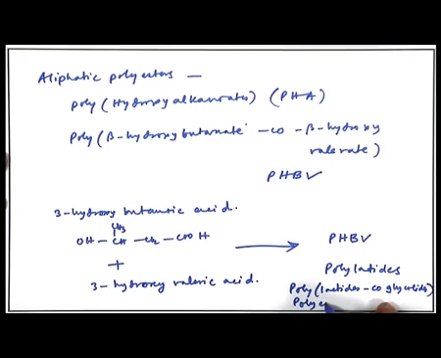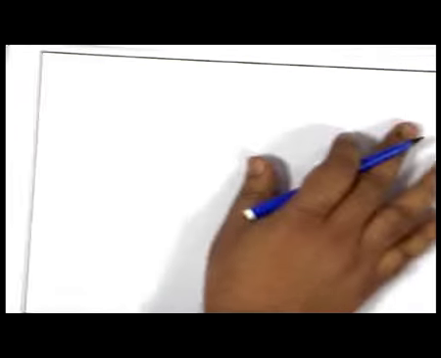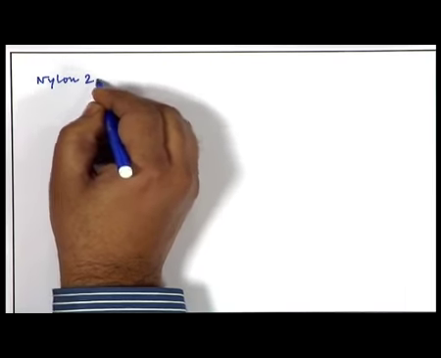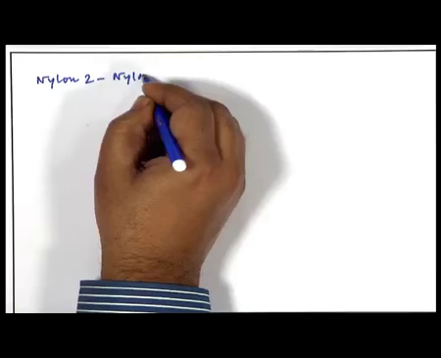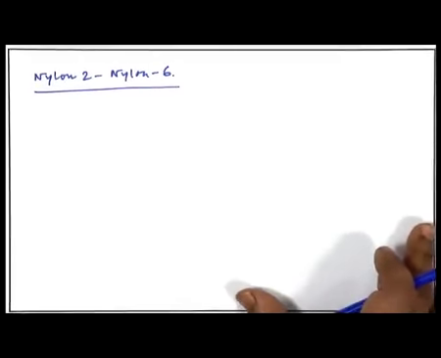These are examples of biodegradable polymers. There is also one example of a copolymer of nylon 2 and nylon 6. You can read about it from a book. This is also a biodegradable polymer.